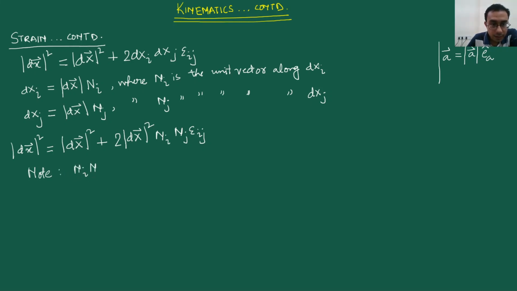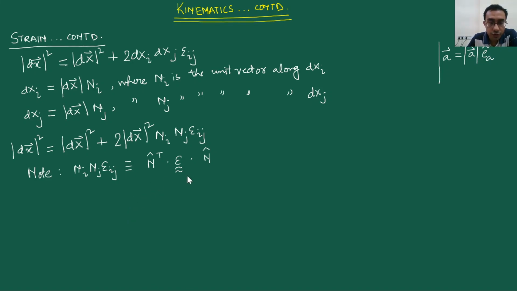ni nj epsilon ij, that is equivalent to n unit vector transpose dotted with epsilon dotted with n unit vector.